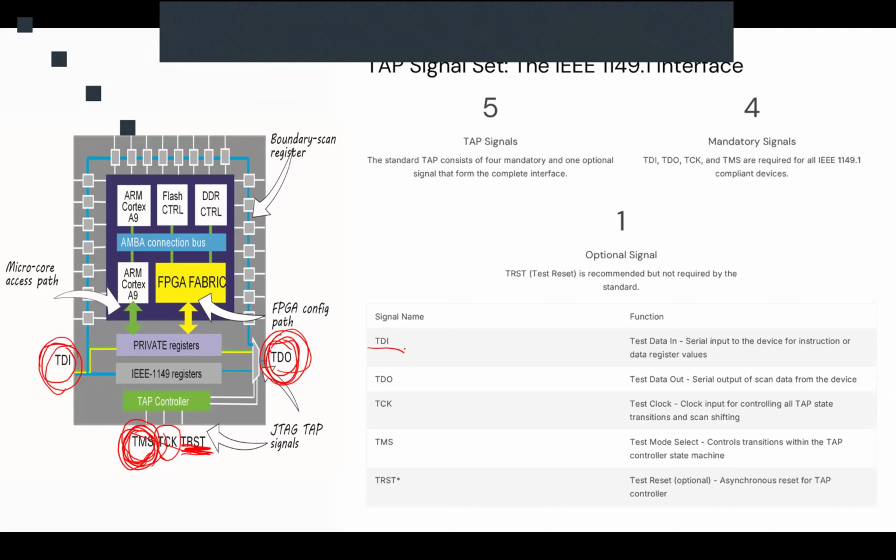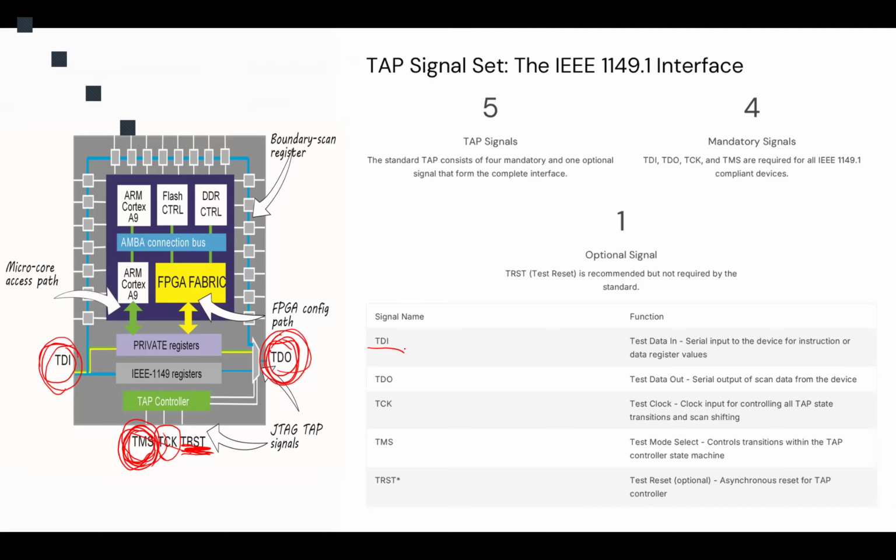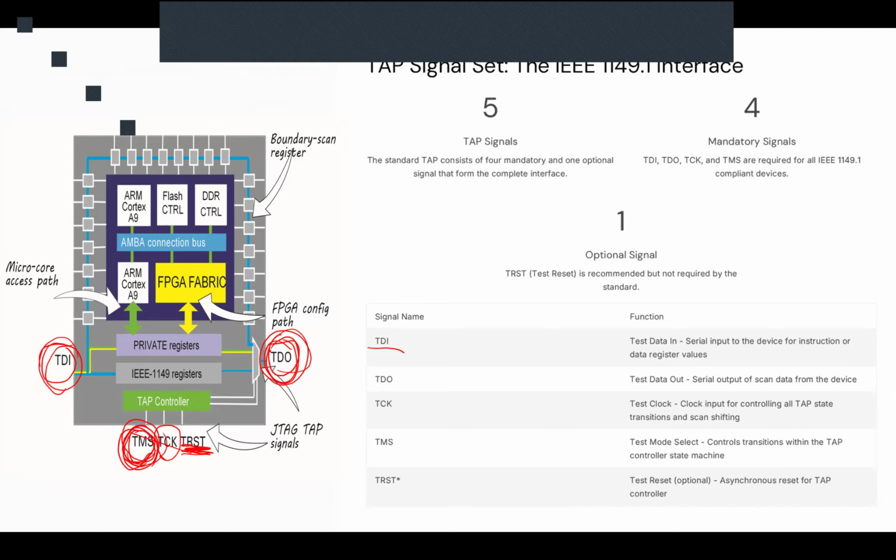Now, as we said, the TDI is the input data. So we basically use the TDI pin to insert the test vector or the test signal. That test signal gets entered here and goes through each individual cell that is sitting between the core logic and the ports, the pins. It goes in a shift register between all these cells, bit by bit. Now, how is it triggered?